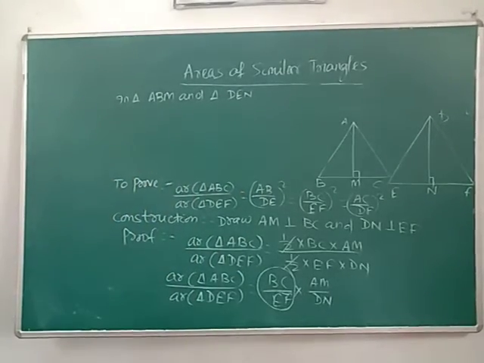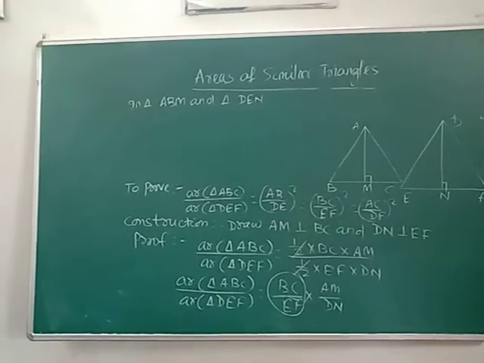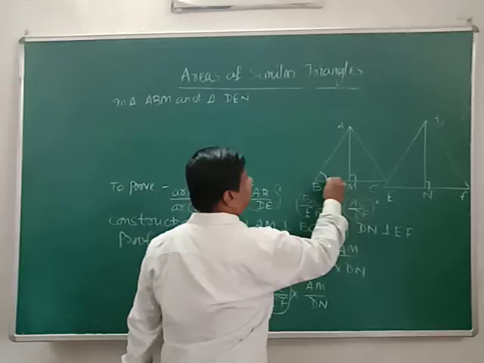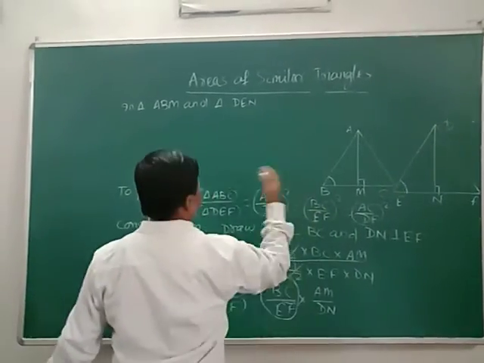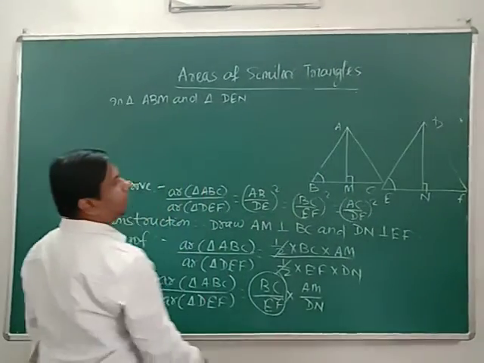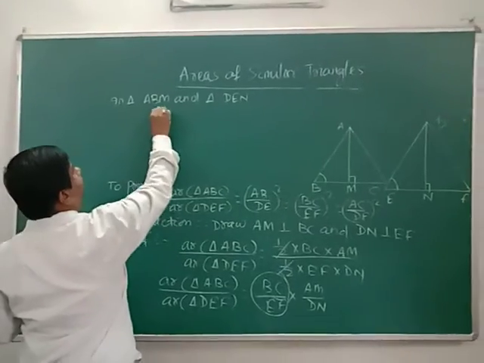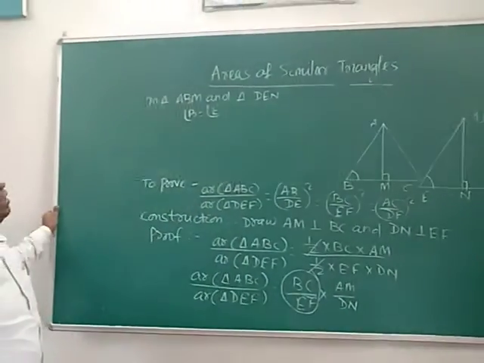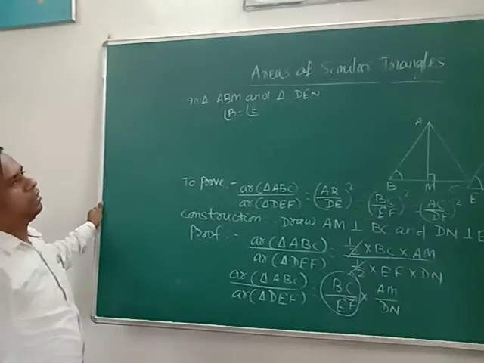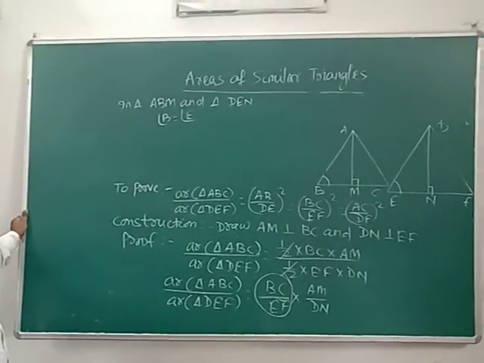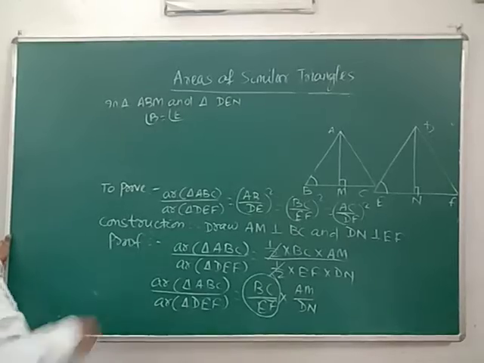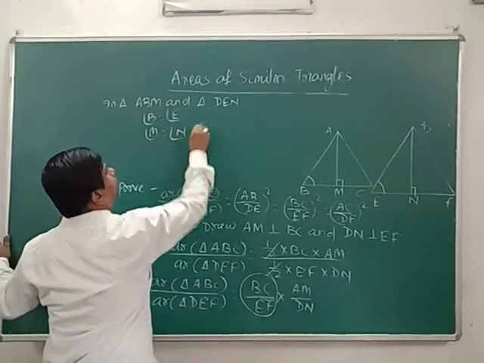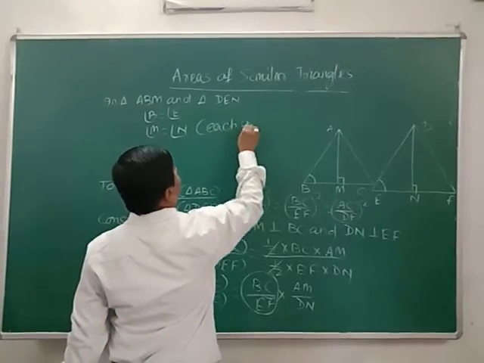The ratio of the sides is not given to you, so better to use the angles. It is already given that angle B is equal to angle E, because triangle ABC is similar to triangle DEF. Is there any other angle equal? Yes, angle AMB is equal to angle DNE. Why? Because they are right angles, 90 degrees.